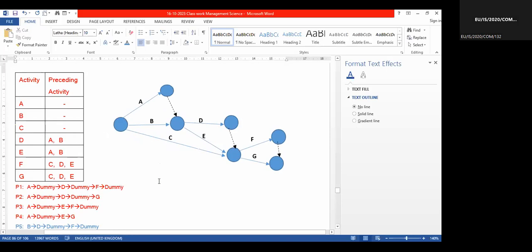Now I am going to give a task to you. You see that in this table, I am going to add some normal duration.